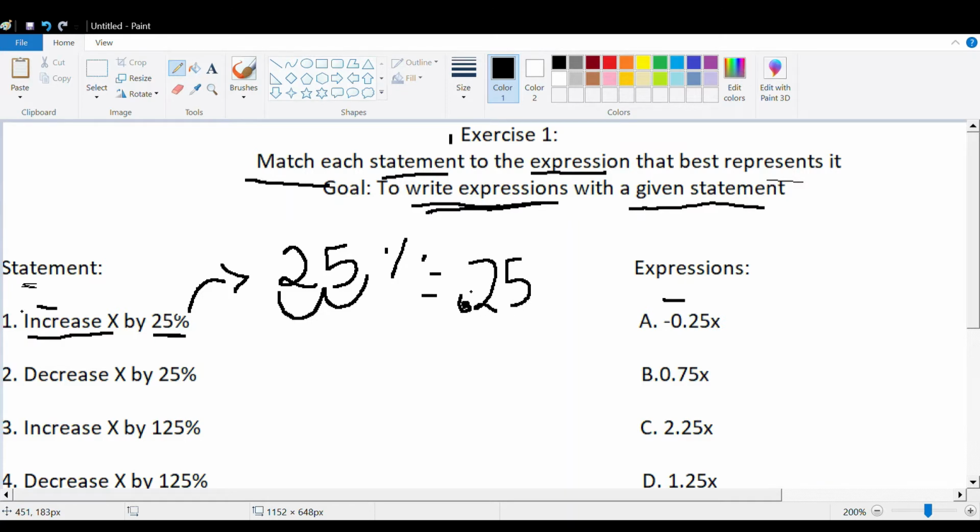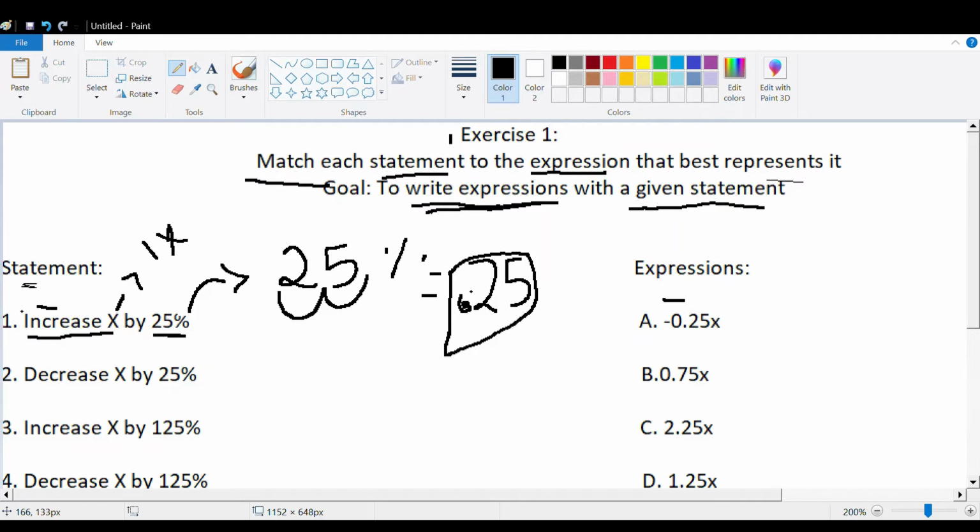0.25. And we also have to increase x by 25%. Now we already know 25% is 0.25, and whenever we're increasing a variable or a number, we're just adding to that value. So essentially right now, x is just 1x. It's just x by itself.